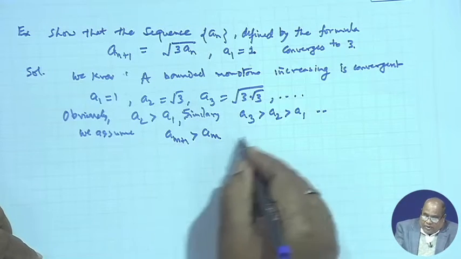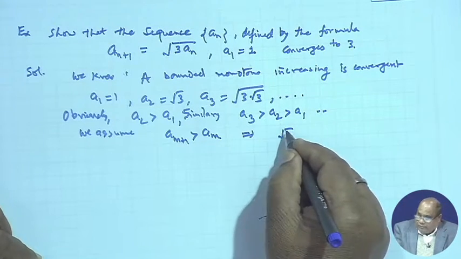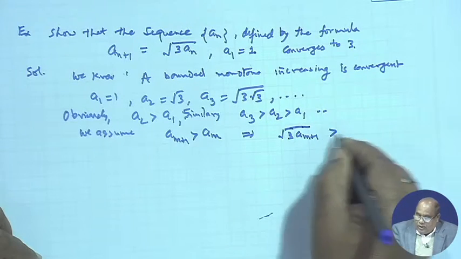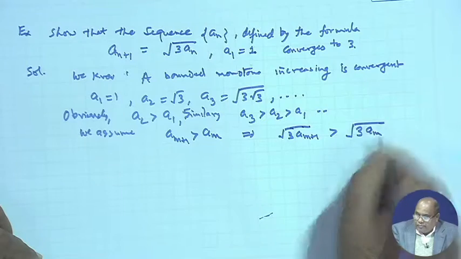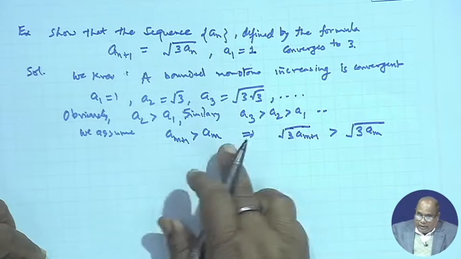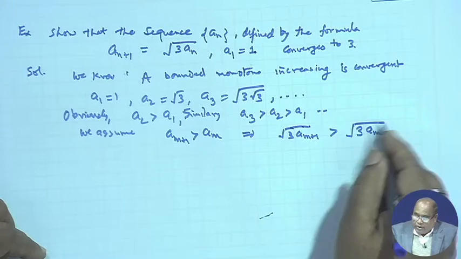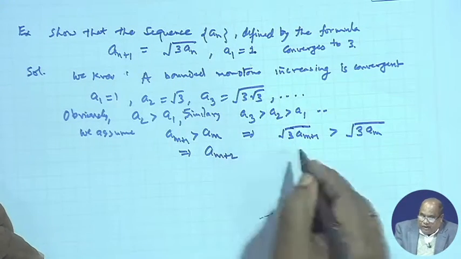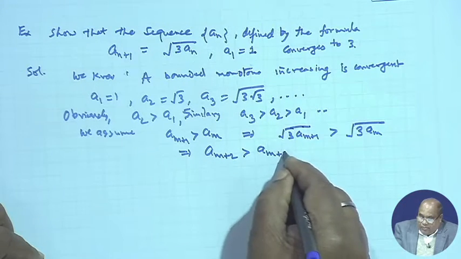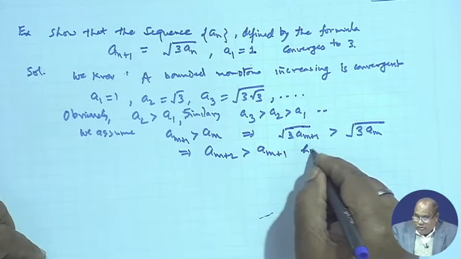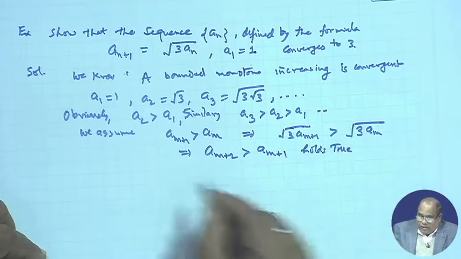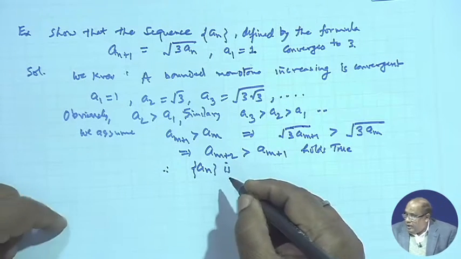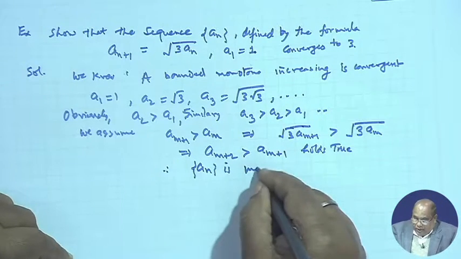Now, this implies that root 3 times A(m plus 1) is also greater than root 3 times Am. Taking the square root on both sides, we get this, but this is nothing but A(m plus 2) by definition, which is greater than A(m plus 1). So, this holds true. Therefore, An is a monotonically increasing sequence.